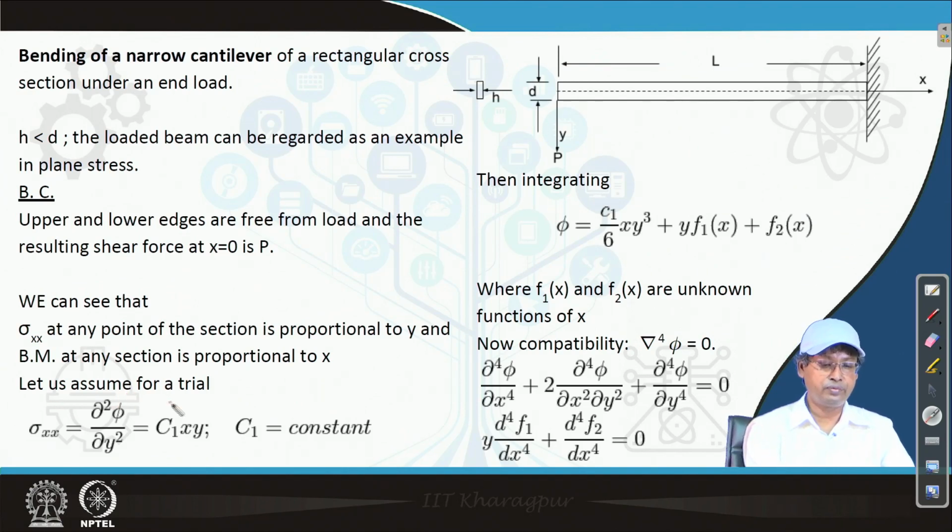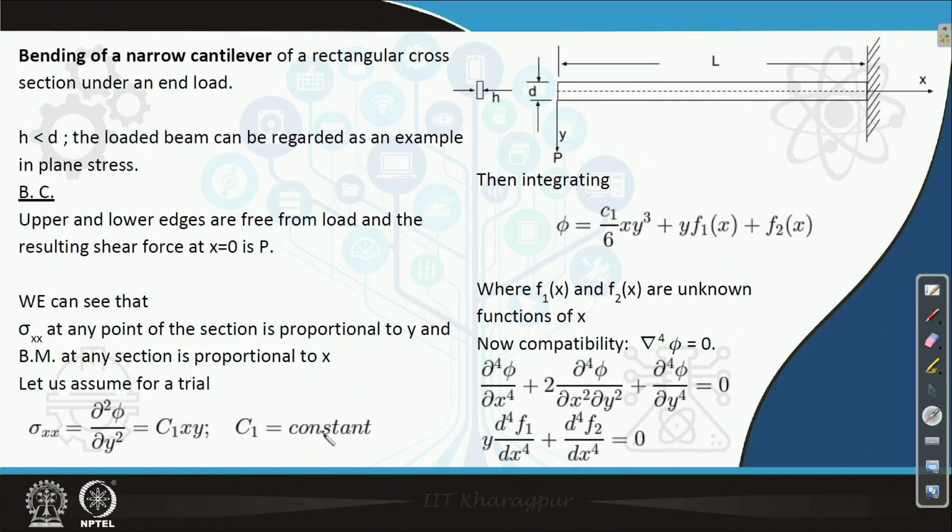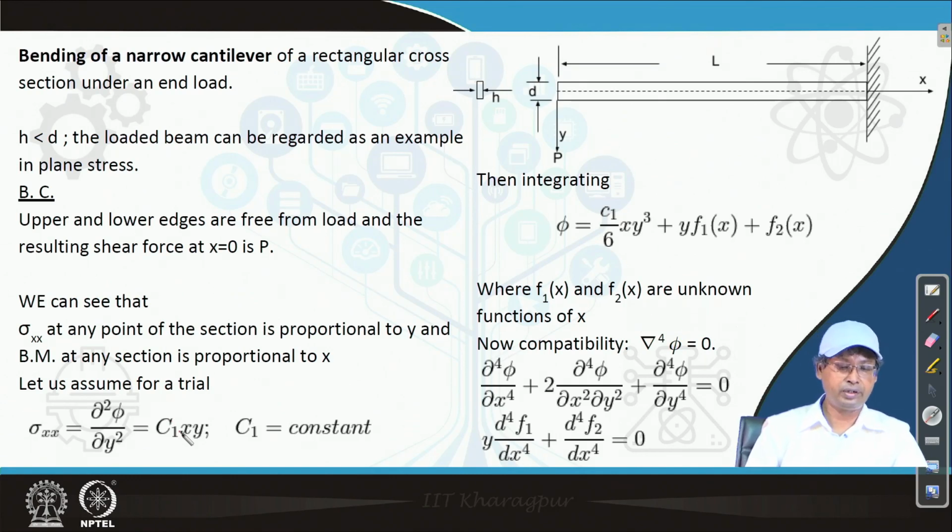Let us assume for a trial sigma xx equals C1 x y, where C1 is a constant. We are following this approach, I jumped here to give you that observation, but we can also assume the multiplication of x and y.